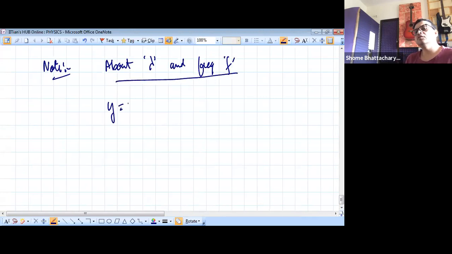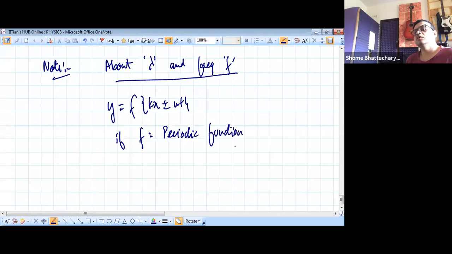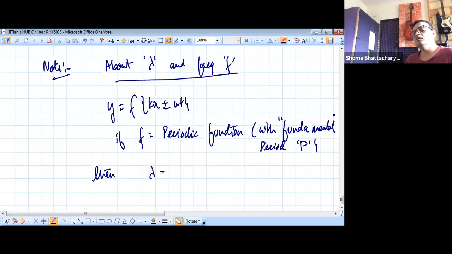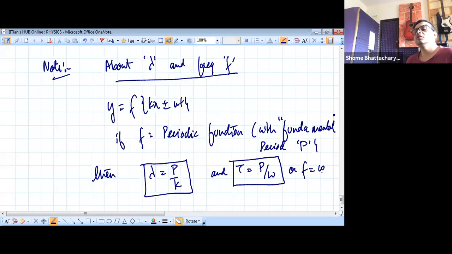So in any given equation, if f is a periodic function with fundamental period, from graphs and functions in maths you understand what is a fundamental period, with a fundamental period of P, then lambda becomes that fundamental period divided by k, and time period becomes that fundamental period divided by omega. Or this is the same thing as saying that frequency is omega by that fundamental period.